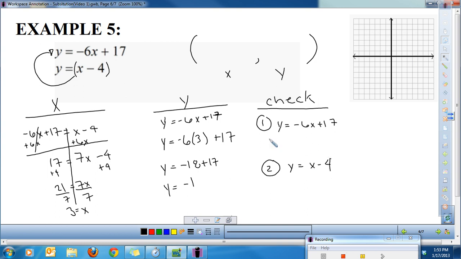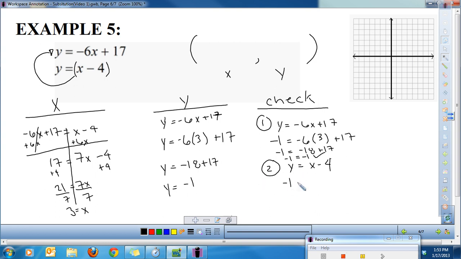I think that y is negative 1. So let's see. Does negative 1 equal negative 6 times x plus 17? And I think x is 3. All right. Negative 6 times 3 is negative 18. Negative 18 plus 17 is negative 1. That works.